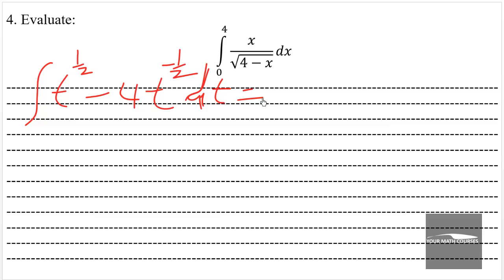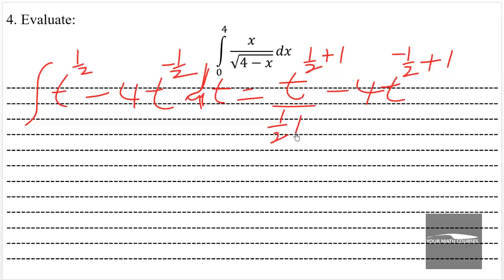So this will be equal to, we add 1 to the exponent, t exponent 1 over 2 plus 1, minus 4 t exponent negative 1 over 2 plus 1. Then we divide by the result, 1 over 2 plus 1. Then we have negative 1 over 2 plus 1 plus c. So that will be the integral.